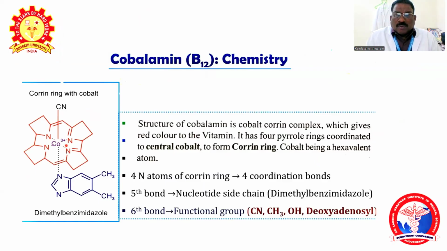We know that cobalt is a hexavalent atom, so 4 nitrogen atoms of the corrin ring coordinate with it. The fifth valence of the cobalt is attached to the nucleoside side chain, dimethylbenzimidazole. The sixth valence of the cobalt is the functional group. Depending upon the functional group, the vitamin name varies.